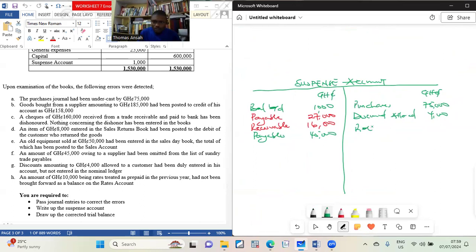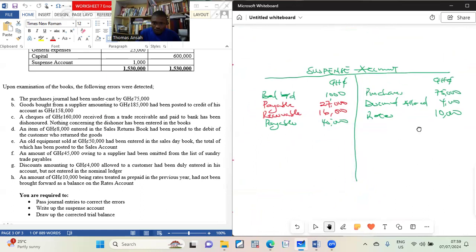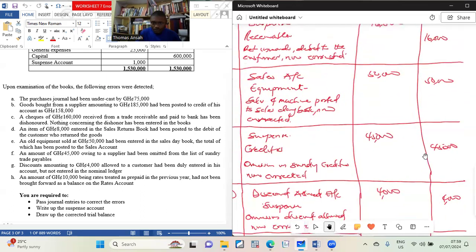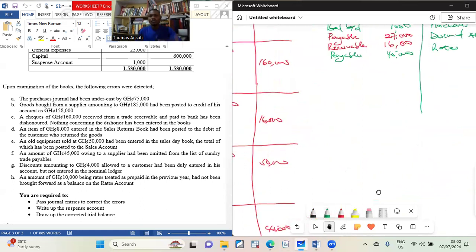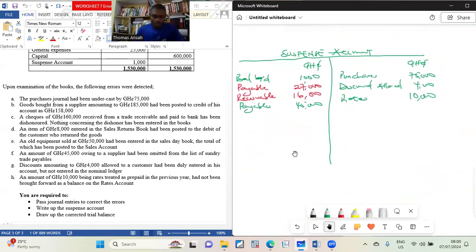It's rates, 10,000. It's supposed to be rates, right? So let's call it rates. All right, so let's do the balancing. Let me calculate.